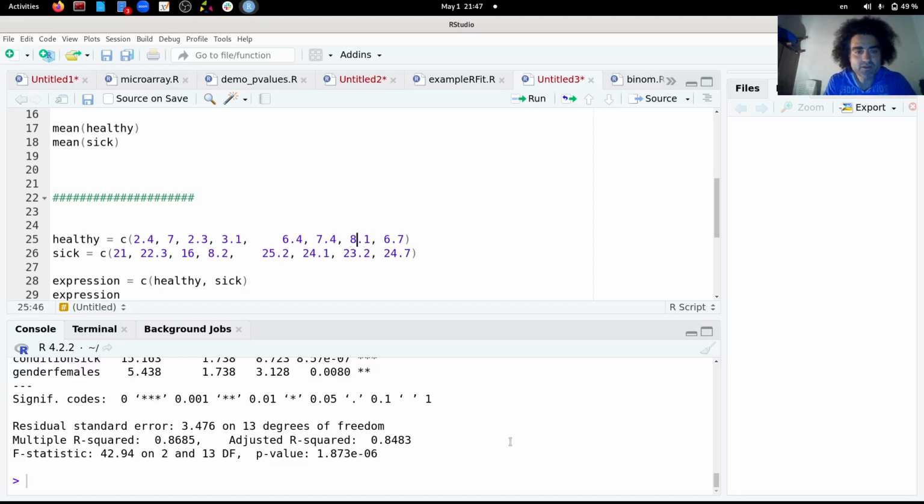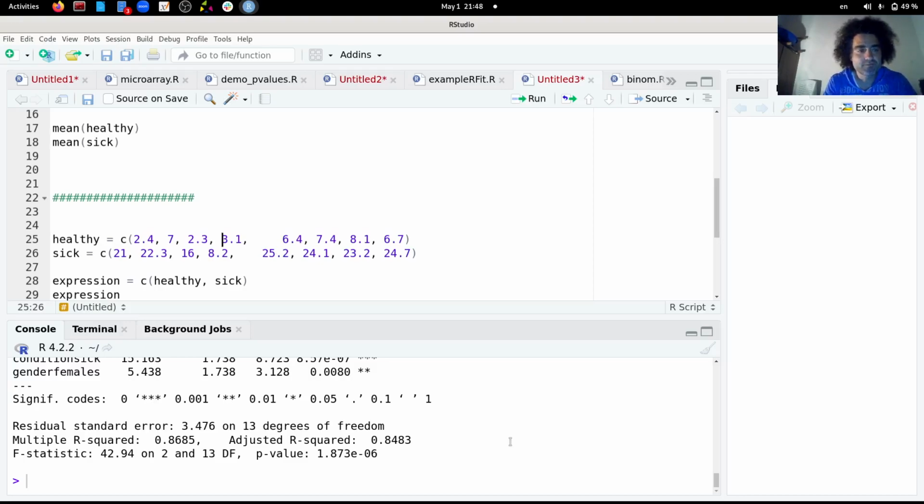By just looking at the values, we see that healthy individuals have lower expression values than the sick. You see the values here 2.4, 7.3, 3.1, 6.4, 7.4, and so on. And here we have something like 21, 22, 16, 8, 25, 24, 23, 24. And we also see that the females have higher expression values than the male individuals here.